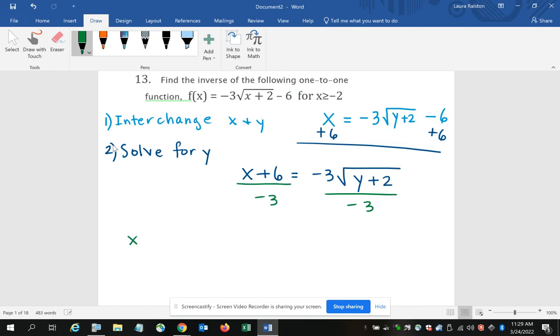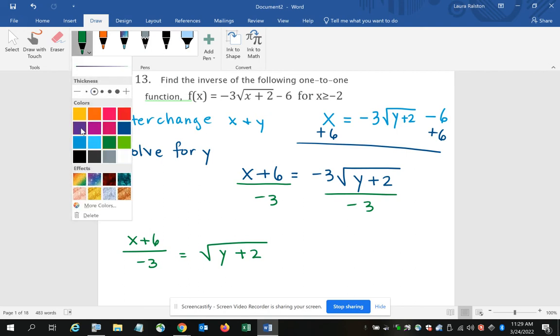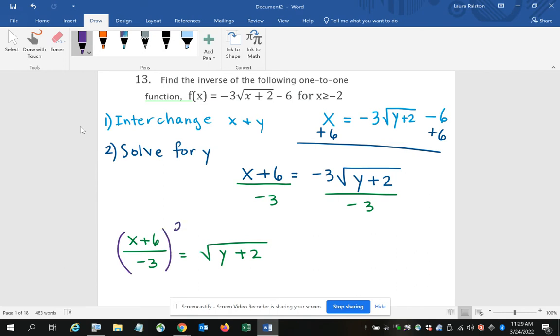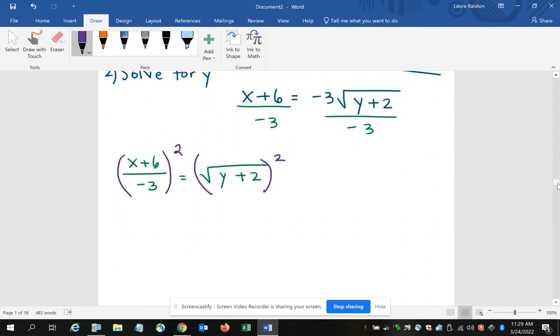So I have x plus 6 divided by negative 3 equals the square root of y plus 2. Keeping in mind your goal to get y by itself, I need to eliminate the square root. So I'm going to square both sides. So I have x plus 6 squared over negative 3 squared, which is positive 9, equals y plus 2.